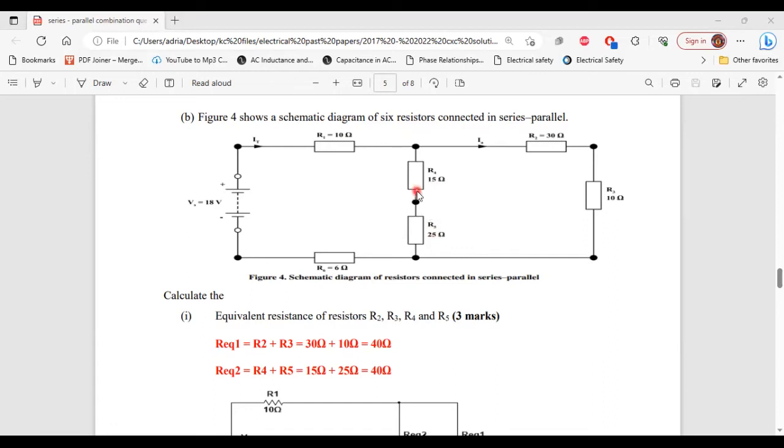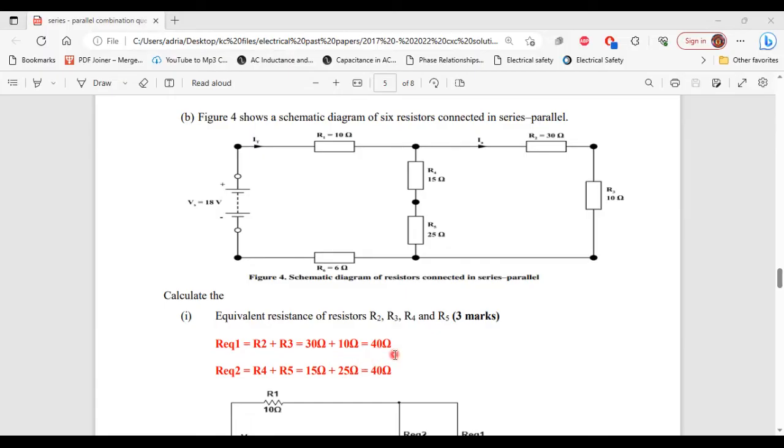So what we're going to do is to work the resistors R2 and R3 in series, R4 and R5 in series. So the equivalent resistor of R2 and R3 in series, we're going to call that REQ1. So REQ1 is equal to R2 plus R3. That will give us 30 ohm plus 10 ohm equal 40 ohm.